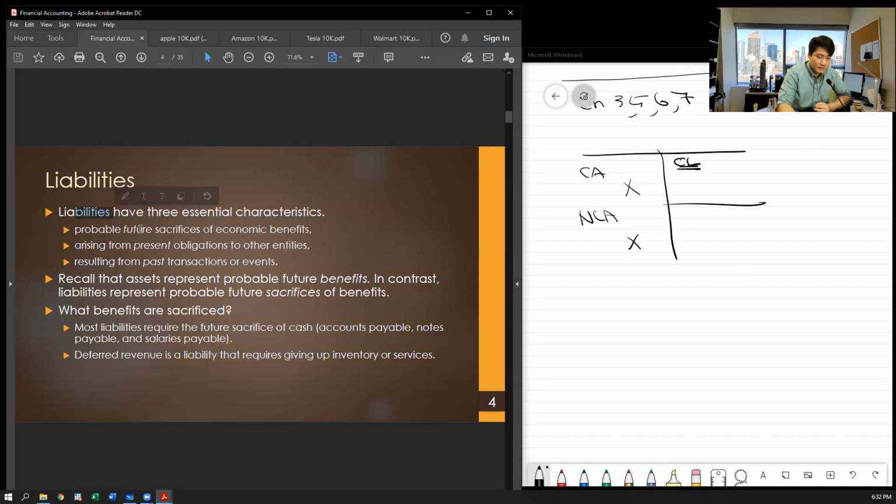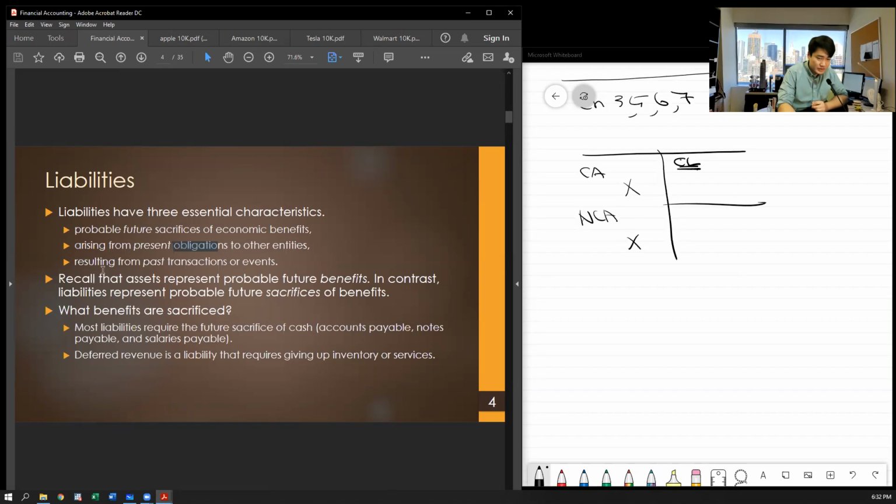Liabilities are the sacrifices of economic benefits, or the obligations. If the company is obligated to provide a service, or to pay back loans, for example, those are reported under the liabilities section in the balance sheet.